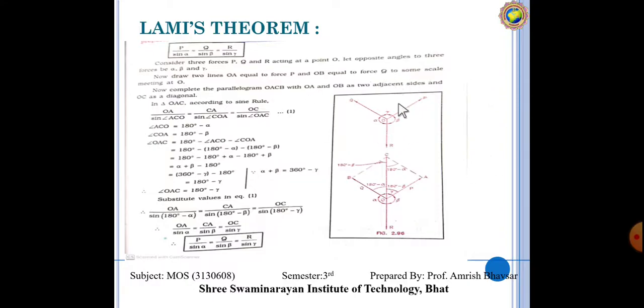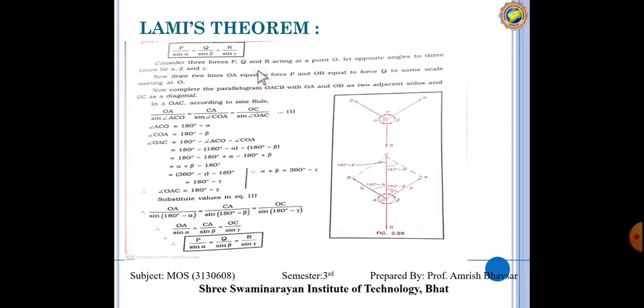What exactly are we going to do with the help of the sine rule? P upon sine alpha, that is exactly opposite to P, is equal to Q upon sine beta. Beta is also exactly opposite to Q, and gamma is opposite to R.